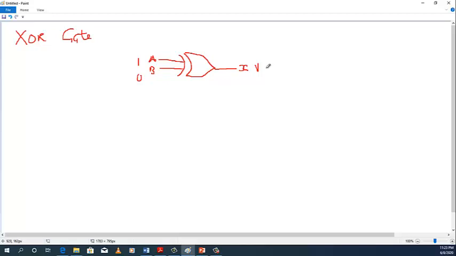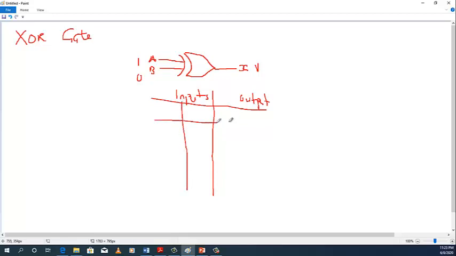So this can be represented in a truth table. On our truth table, we have the inputs and then we have the output. We have 2 inputs and 1 output, and this gives us 4 possibilities, where we've got an A and a B, and this is our X, which is our output.